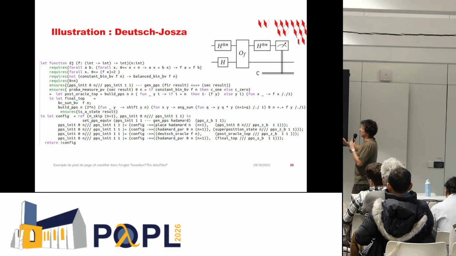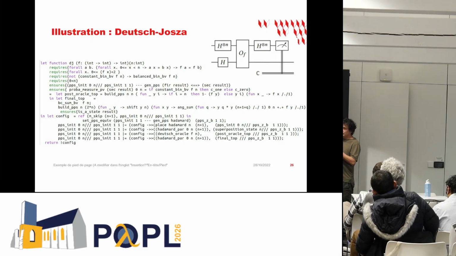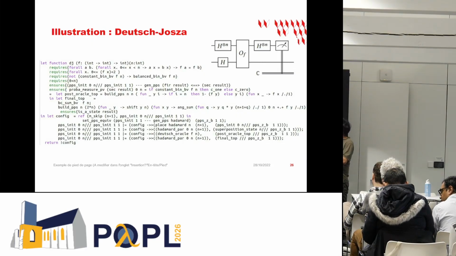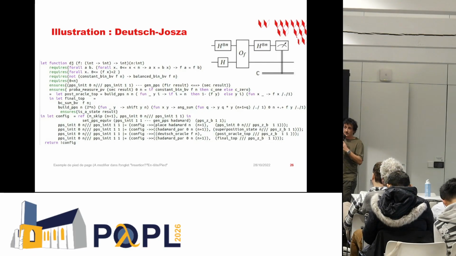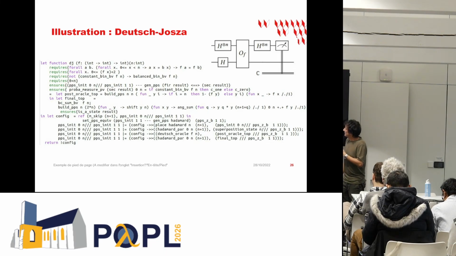There is a preamble of declaration of parameters and the specifications of the algorithm, two consecutive definitions for the path-sum intermediate states that we are going to meet, and then we can write the computation just by using this update specified assertion that we met before.